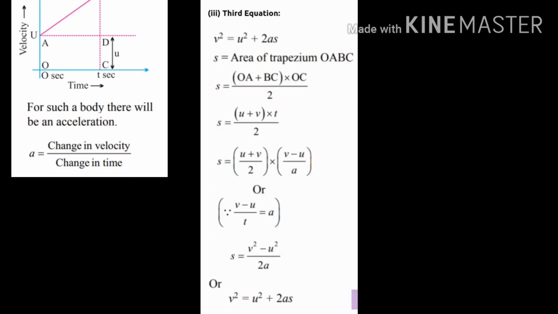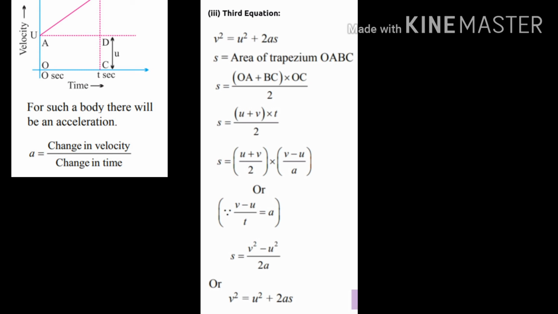And lastly comes our third equation, which says v squared equal to u squared plus twice as. So s is the area of trapezium OABC. We have already understood. Now here what we are going to do is use a new term called average speed. So (OA plus BC) into OC by 2. This portion came out because we already know that speed is equal to distance by time.